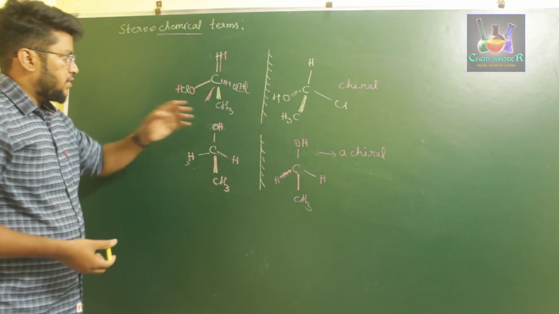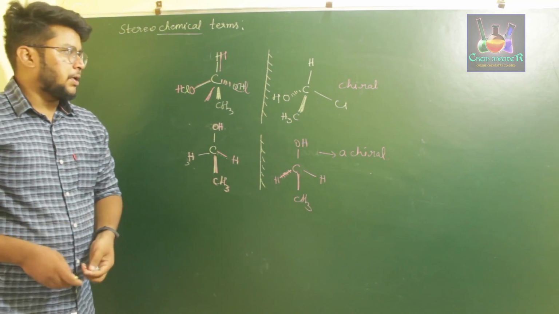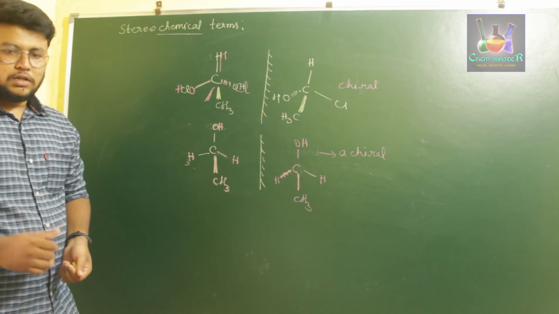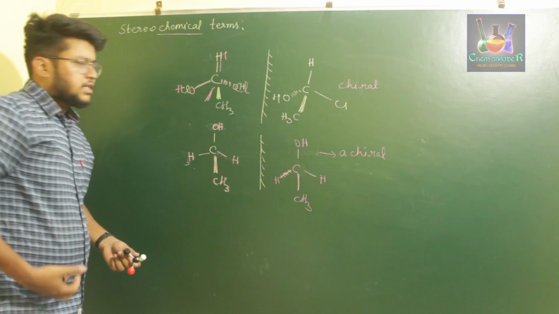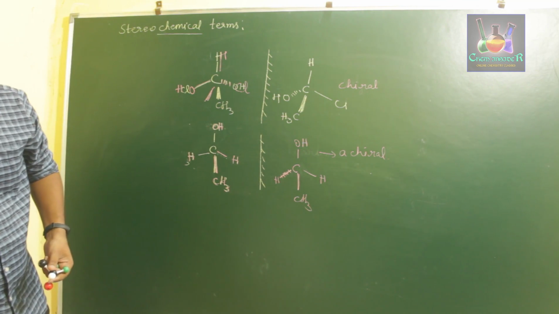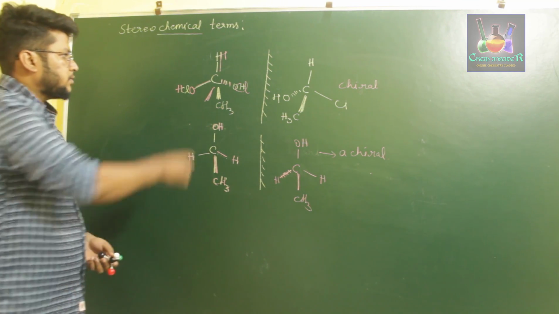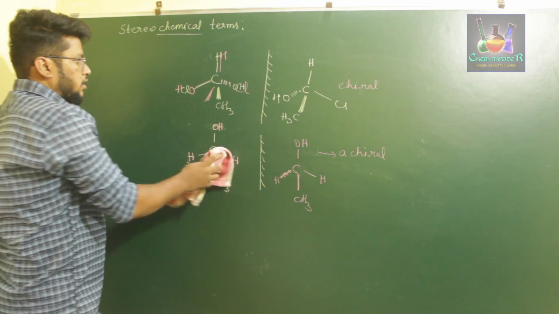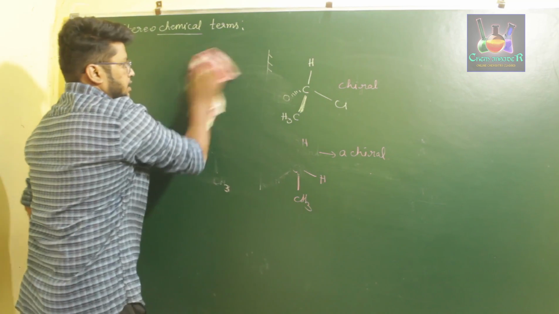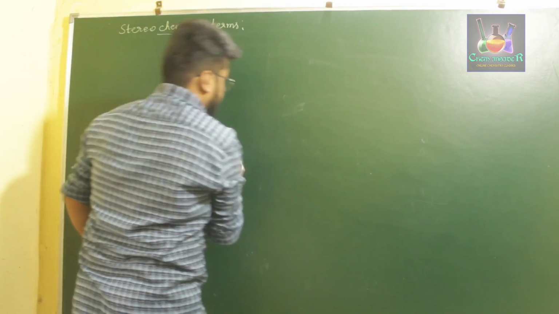So in the previous video we discussed how we define a given compound as a chiral or achiral compound, right? Now let us consider our example which we have written on the board with this structure. I am just rewriting it. Instead of writing all this in wedge and dash bonds, I will just write simple straight bonds.